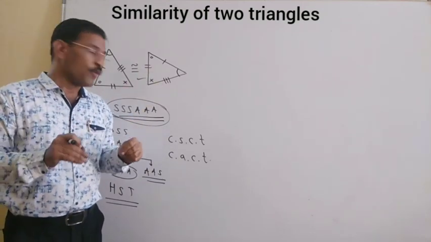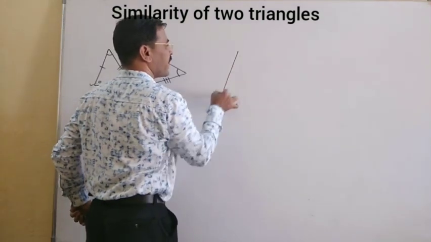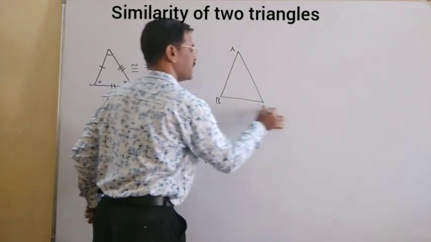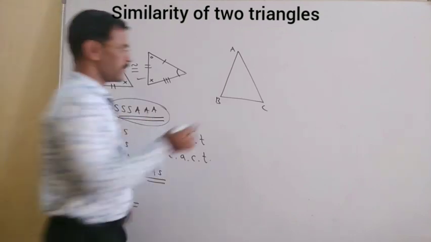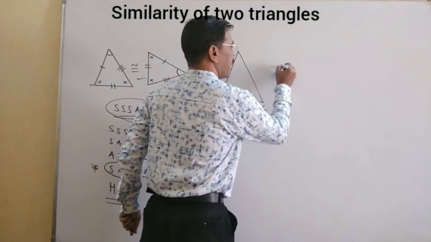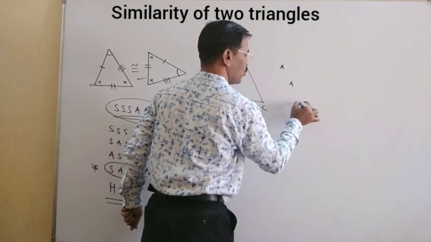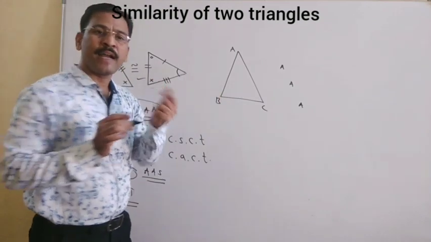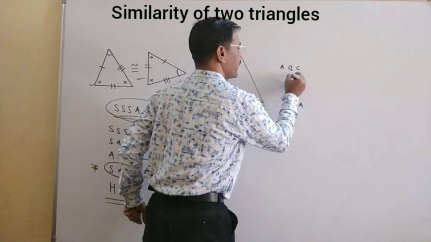First of all, we know that the name of a triangle can be written in 6 ways. See here, ABC. The name of this triangle we can write in 6 ways. Do you know? See first here, A, and here A. Like this, the remaining vertices are B and C, so we write BC, CB.